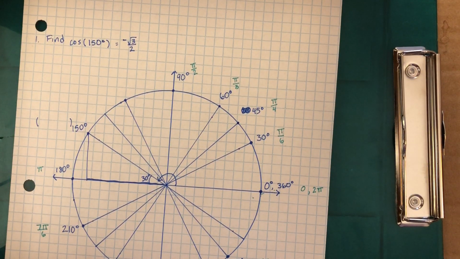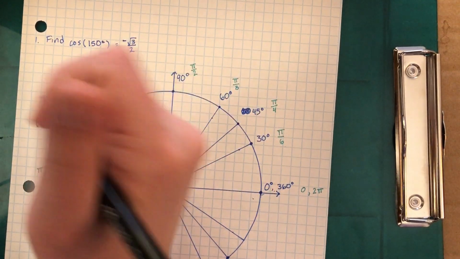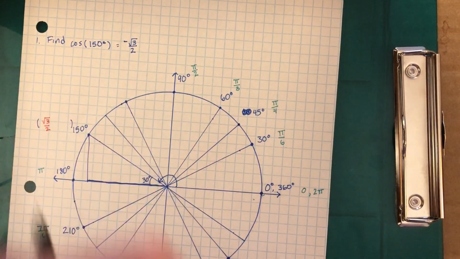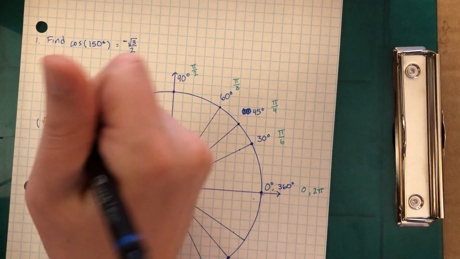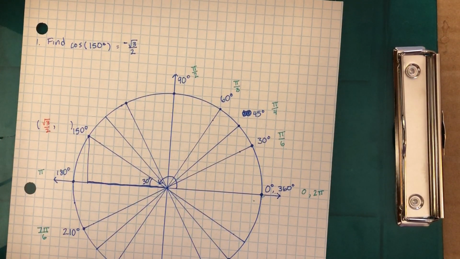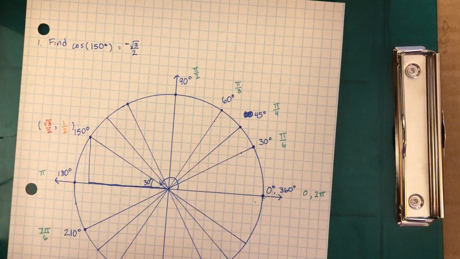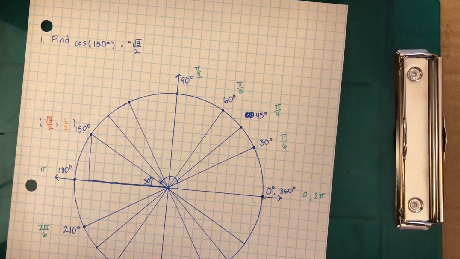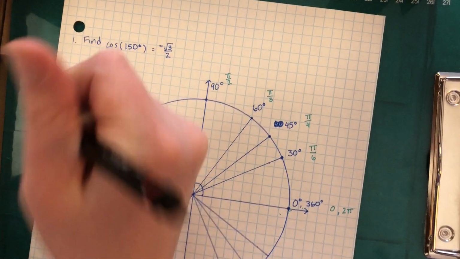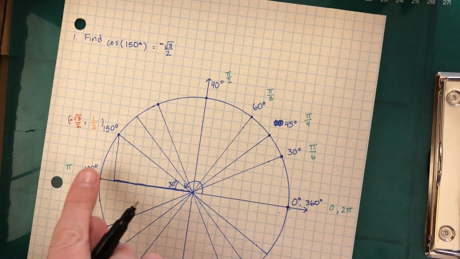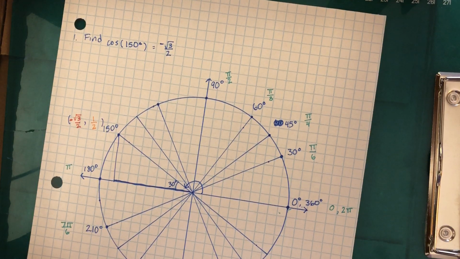The x coordinate is the cosine, which is negative square root of 3 over 2. And the y coordinate is the sine, which the question didn't ask for, but I can write it anyway. 1/2. Oh, and this should be a negative x coordinate, but a positive y coordinate, because I'm here on the negative x coordinate side, but still the positive y coordinate side.